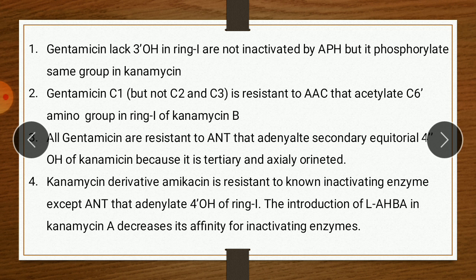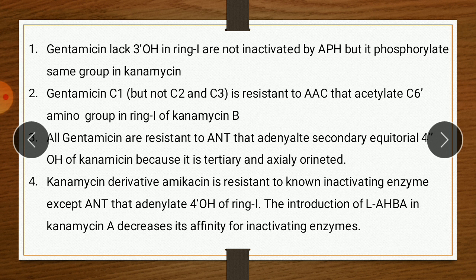So there is a lack of 3' hydroxyl group in gentamicin. Therefore this drug is not inactivated by APH, but the same group in kanamycin is phosphorylated. APH attacks kanamycin because it contains the 3' hydroxyl group, but gentamicin does not contain it, therefore it shows resistance against the APH enzyme.